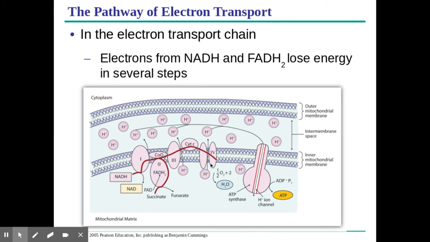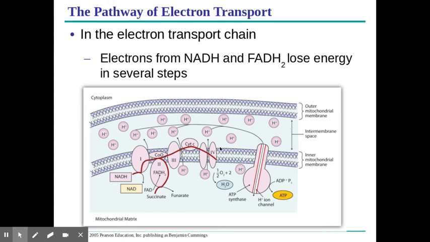So what are those electrons doing in the meantime? Well, what they do is we're using the energy that's in those electrons. And what you're seeing here is we're pumping hydrogen ions or protons into the intermembrane space. And what that does is creates a huge high concentration.